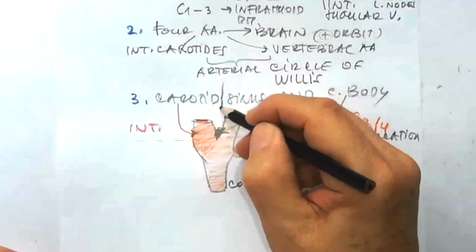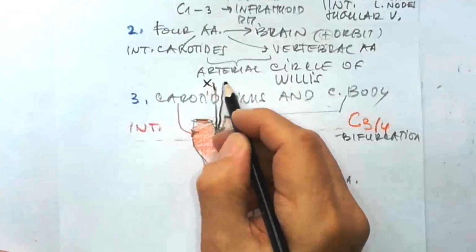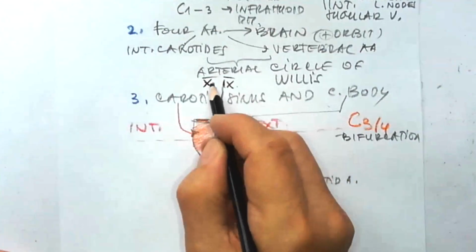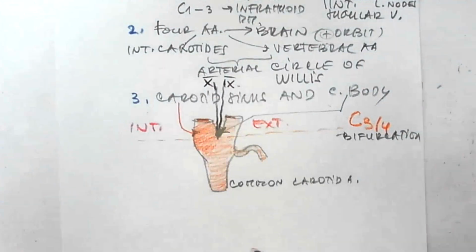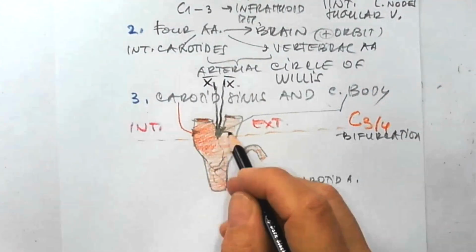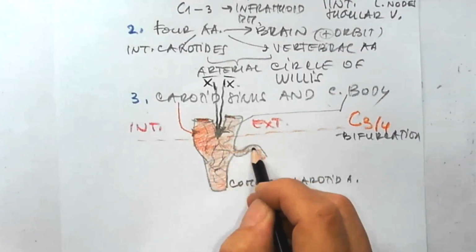To this body and sinus descend two nerves, drawing both of them. This is 10 and 9. So vagus, glossopharyngeus, plus the plexus around all the arteries, because we call them periarterial plexuses.